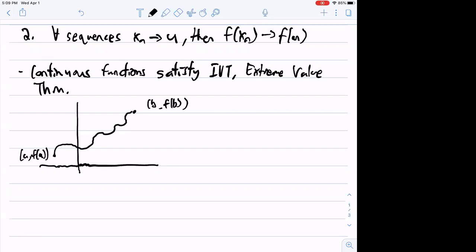You can make it as crazy as you want. But what you're going to notice is a continuous function that has these two points must hit every y value in between. Like here, if I choose any y value between f of b and f of a, then there's some value here that corresponds to it.